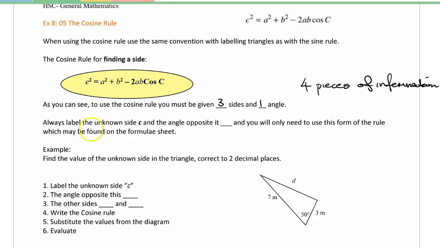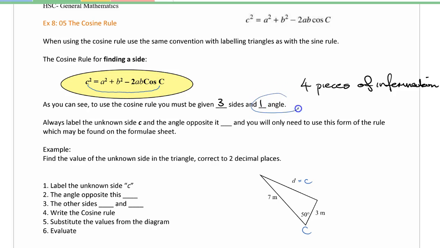I'd strongly advise that you always label the unknown side c, although they've called it d here. We're going to call it c, just so that our formula works more nicely. Now, if I name that side c, I must call that angle opposite it C. There is a connection in this rule that the side that you're finding must be opposite the angle that you know.